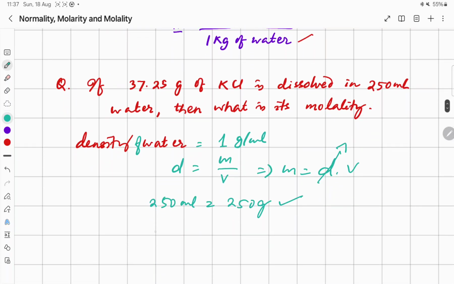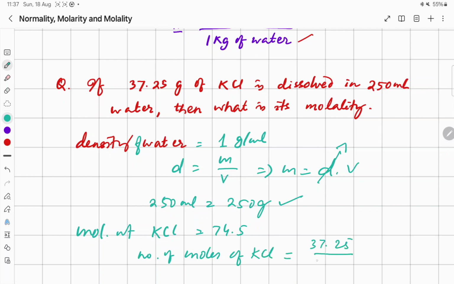Then potassium chloride, the molecular weight of potassium chloride is 74.5. So the number of moles of potassium chloride here is 37.25 divided by 74.5, so it will be 1 by 2.